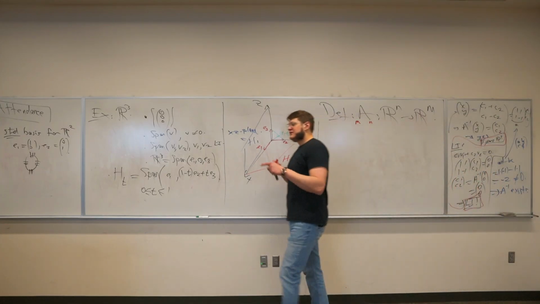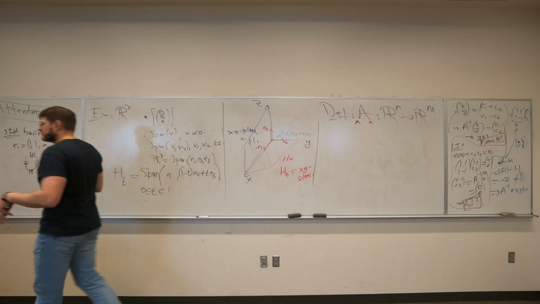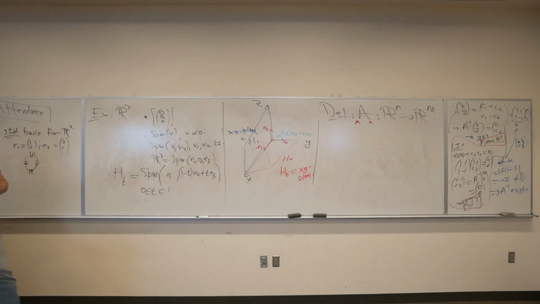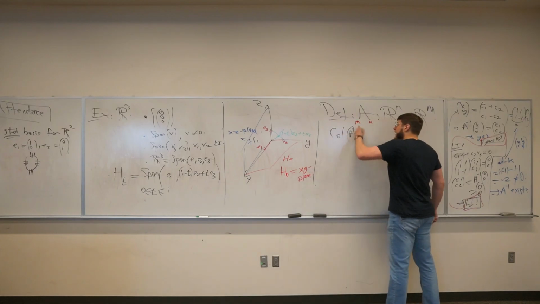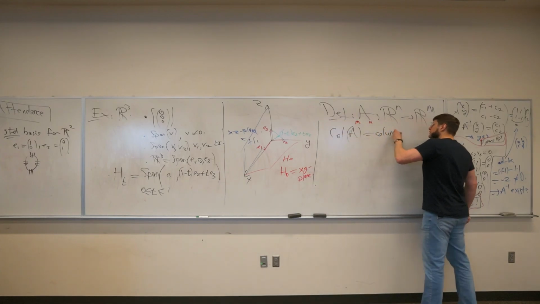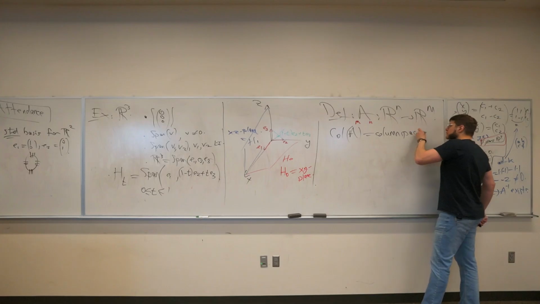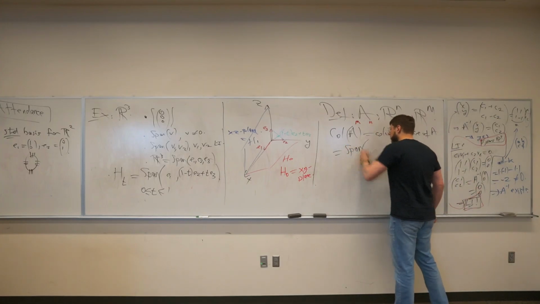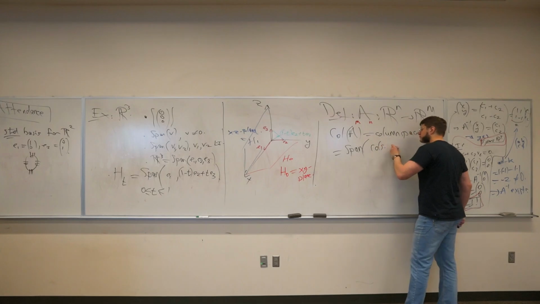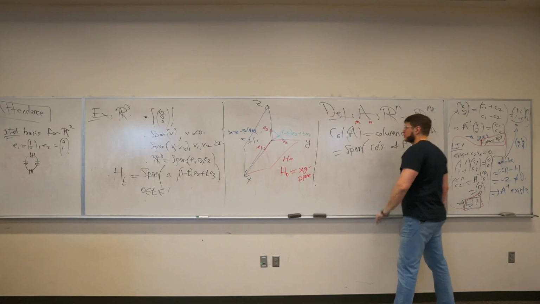It's the space that is the span of the columns of A. Okay, so column space of A is span of columns of A. Okay, that's the definition.